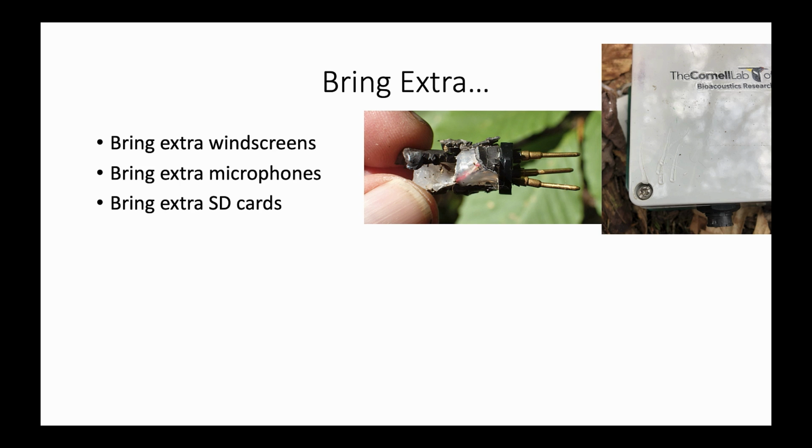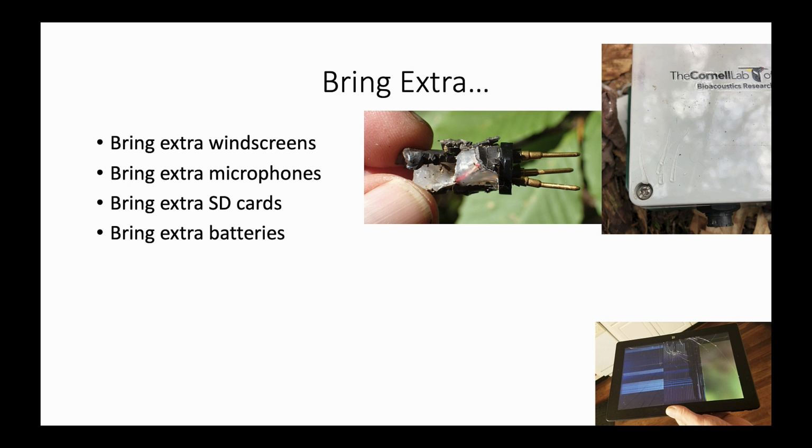Likewise, it's useful to have extra SD cards in case one of them isn't reading or gets dropped in a mud puddle. Extra batteries, and also if you're using a tablet or something like that to program in the field, having a backup tablet in case the battery dies or something happens to the tablet, such as getting dropped and cracked.